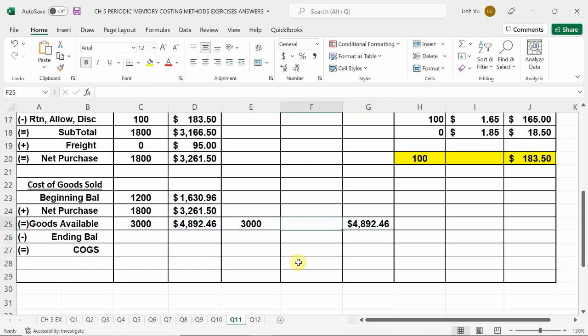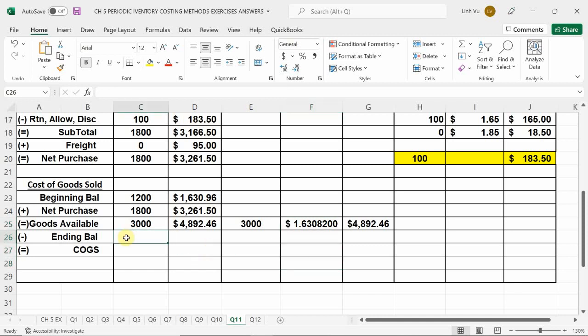So here I can solve for my average cost per item because I have my total quantity and I have my total cost. So in this case, what is my average cost per item here? $1.63082.